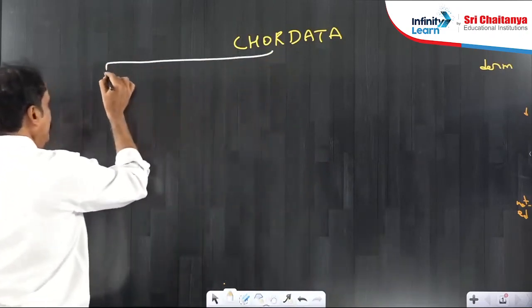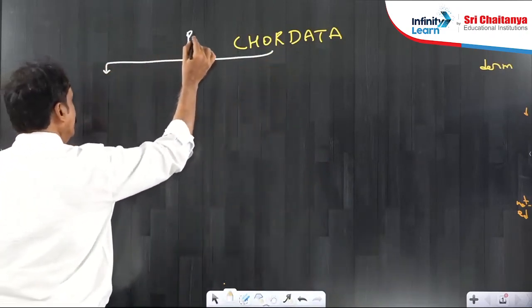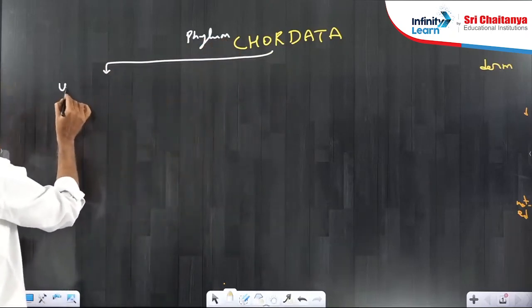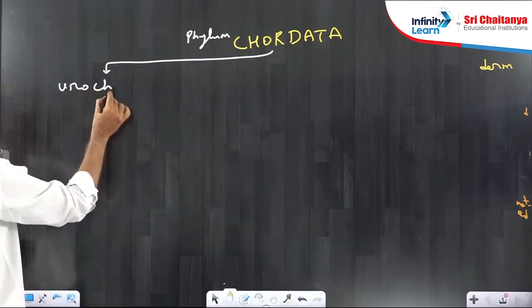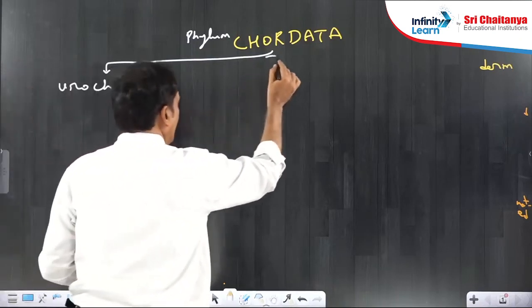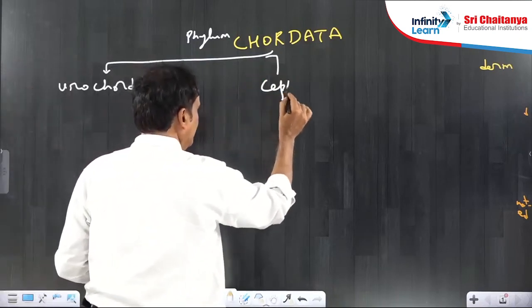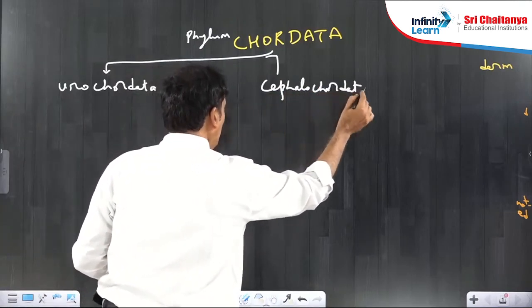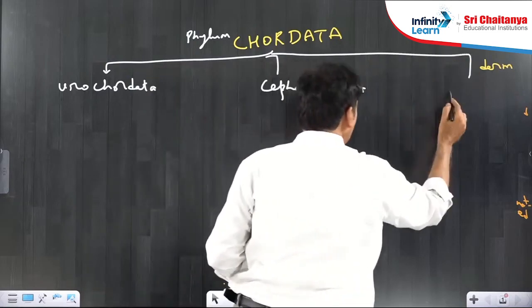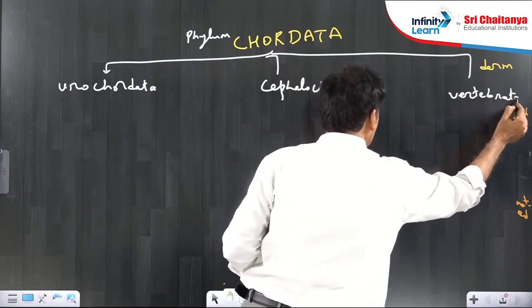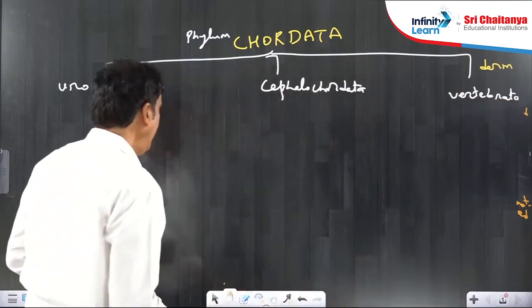This is divided into 3 subphyla called Urochordata, Cephalochordata and Vertebrata. Right? These are the 3 subphyla.